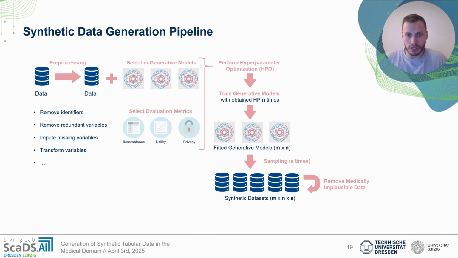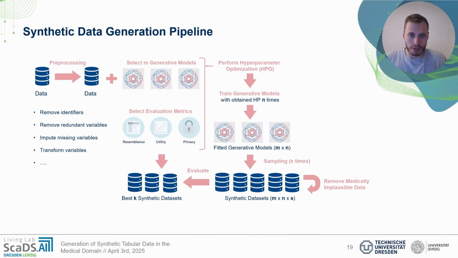Then we would remove medically implausible data, for example, pregnant men, if we have something like this, which is going to be different for every single use case. And for that, we require doctors.